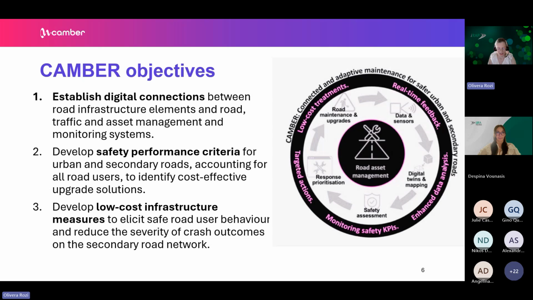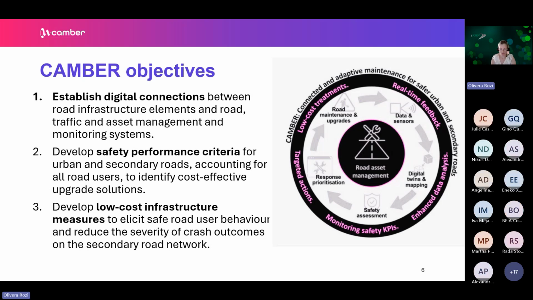I will continue a little bit about Camber objectives. We have 6 objectives in the Camber project, and the first of those is connecting infrastructure elements into the digital ecosystem. We will develop and test digital twins to enhance road safety management and maintenance planning.